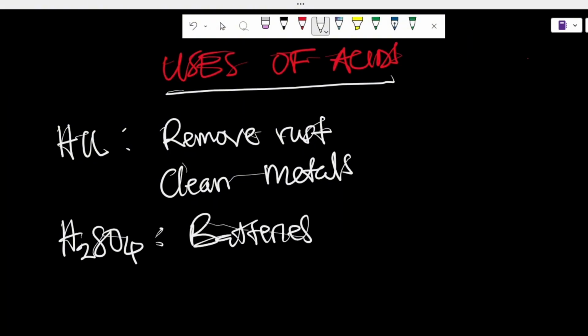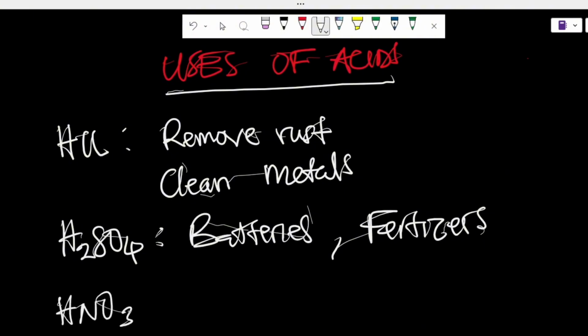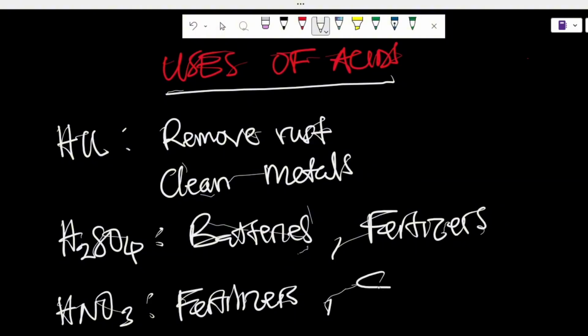And sometimes it is used also in fertilizers. And the same is true for nitric acid, because it is also used in fertilizers, but also in explosives.